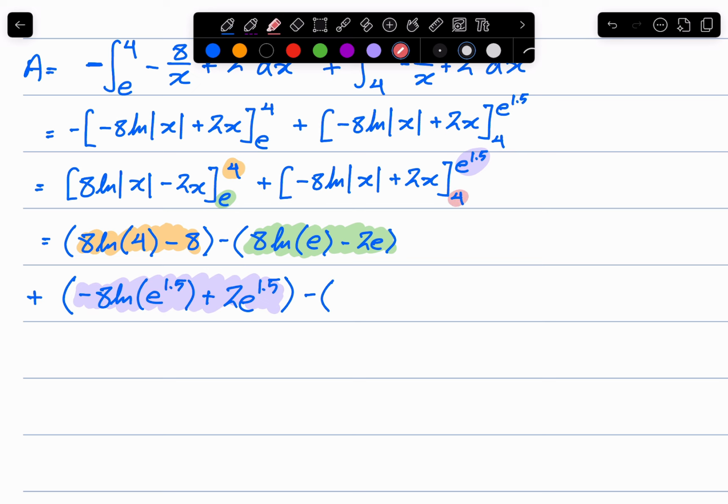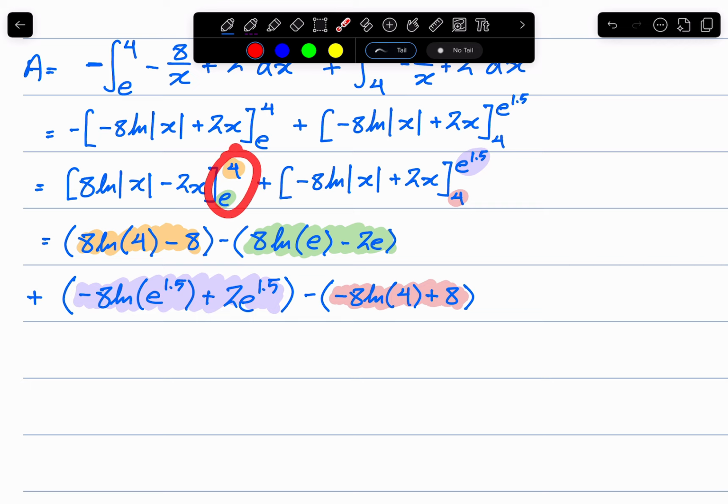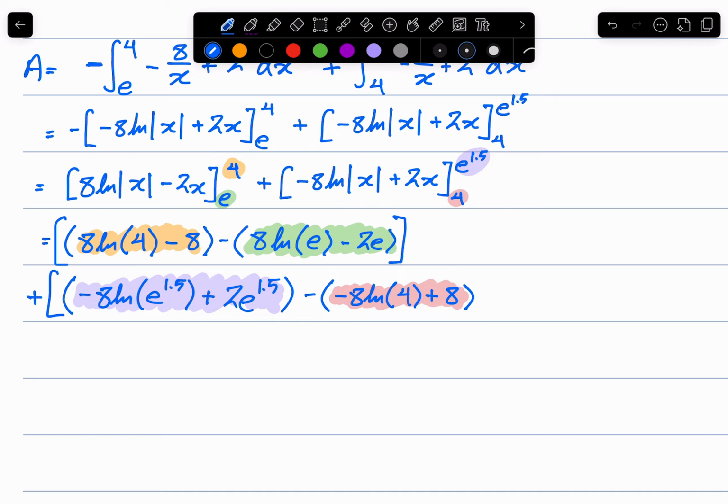Let's use a different color here. This will become negative 8 ln of 4 plus 2 times 4 is 8. Now, need to be super mindful of all of these brackets. This orange and green should be square bracketed like this, and likewise this purple and red substitutions should also be bracketed out like this.